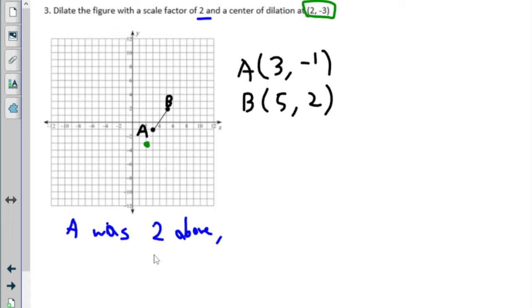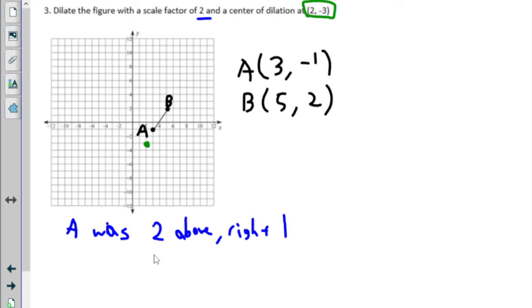And then to get to the rest of A, we're going to move to the right. And how much are we going to move to the right? Well, we're going to move to the right 1. So that is our distance that A is from my center of dilation, from 2, -3, from that green point.